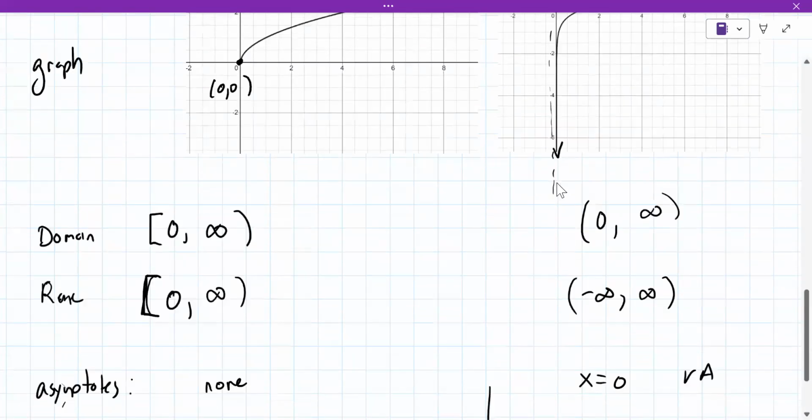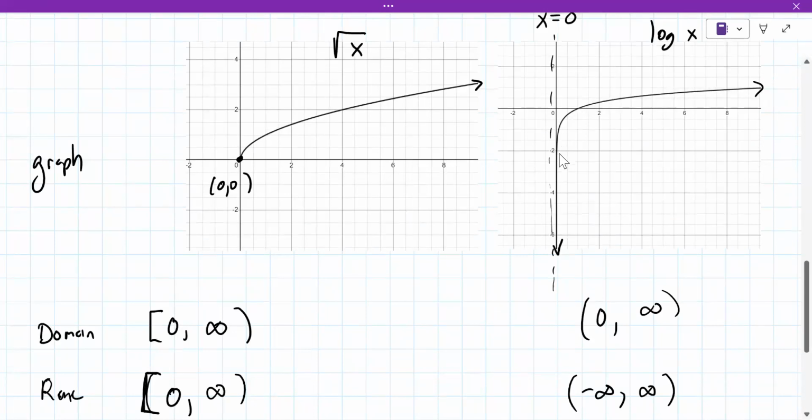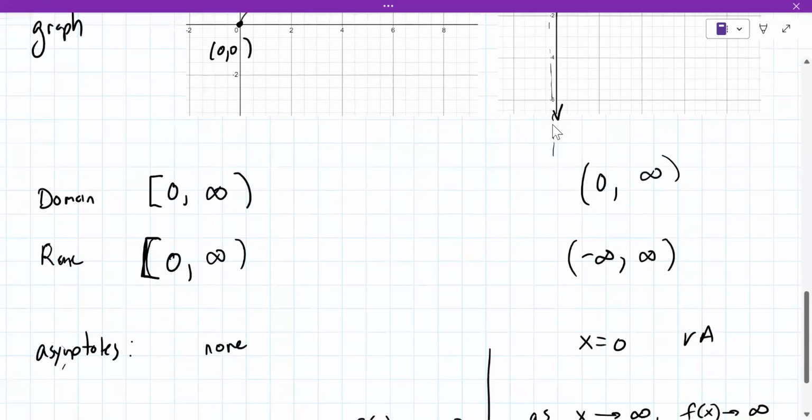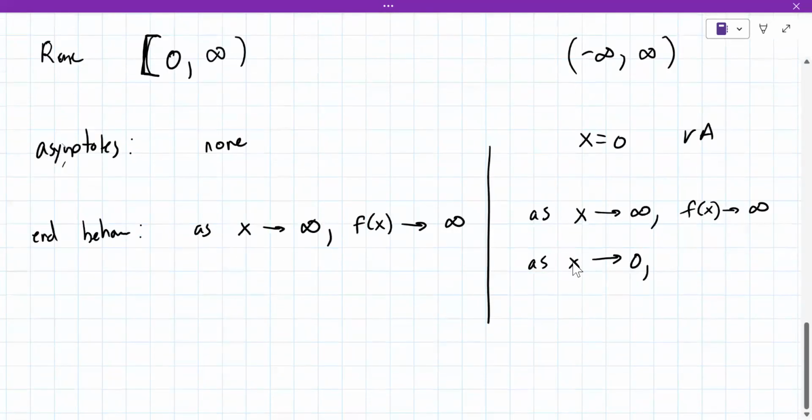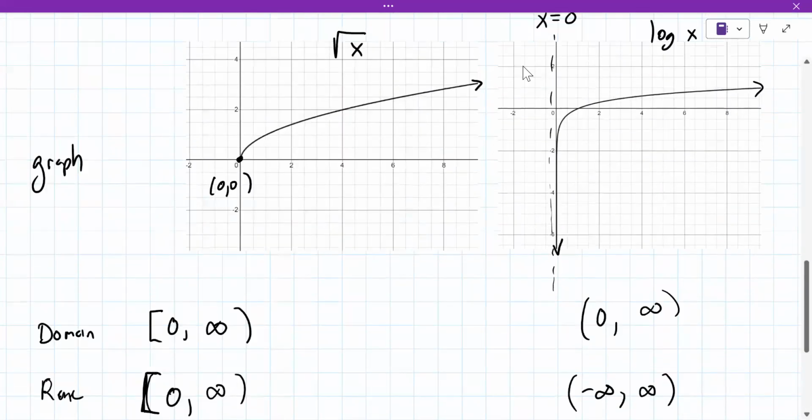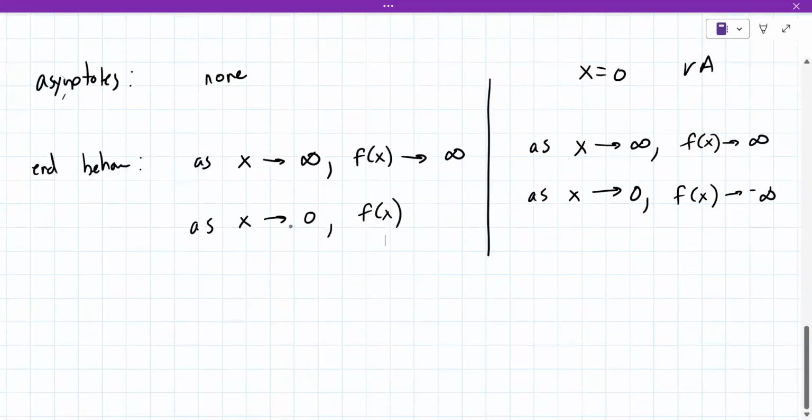Does x go to 0? As we're going the other way and going down, what happens to the y values? They go down, but x does not go to 0. There's a little curve. It approaches 0. So you can say as x approaches 0, f of x, which is the y, approaches negative infinity. And then on the other side here, I guess we can say as x goes to 0, f of x this time, if we look at the other graph again, you can see that as x goes to 0, it actually hits 0, right there. So f of x goes to 0.